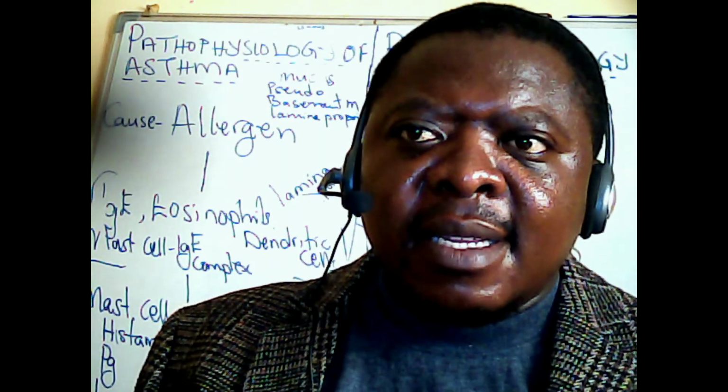Here, you will not explain the normal physiology, you explain the pathophysiology: the abnormal function or the delayed function that is happening because of the presence of the bacteria, the virus, or other multifactorial causes that can be there.